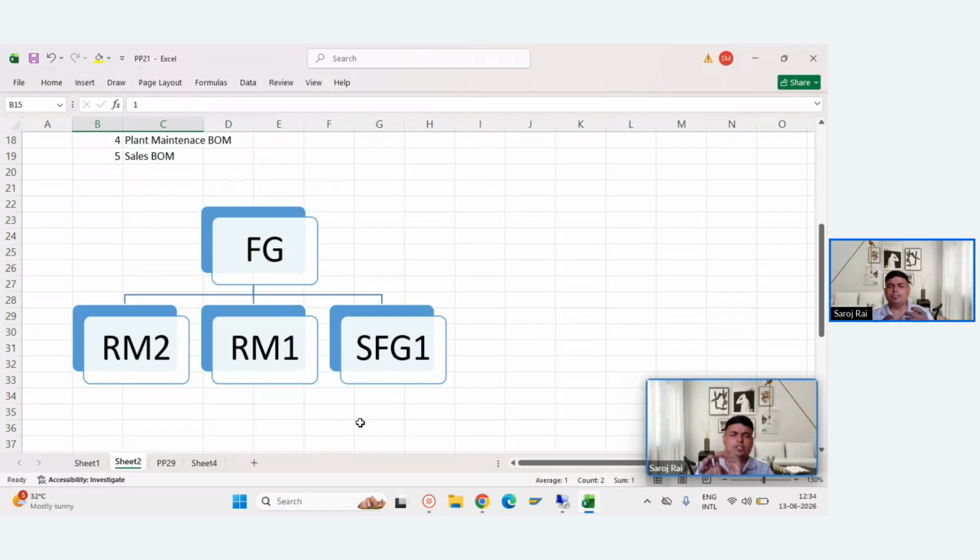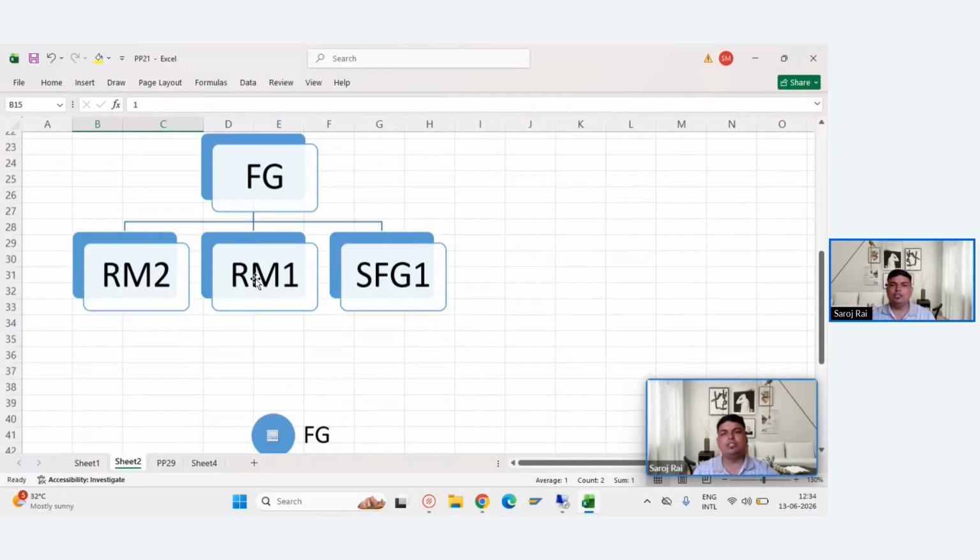Maybe there are some other ingredients too, I'm not sure, but I am only describing one level. There is no sub BOM. If I use those materials directly to produce my final product, we can say this is a single level BOM.